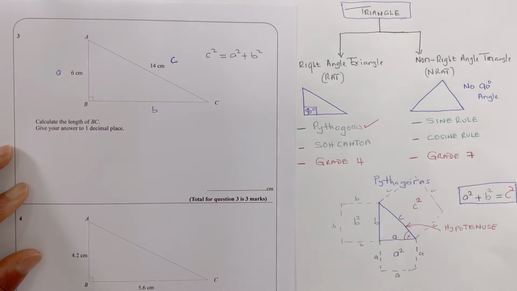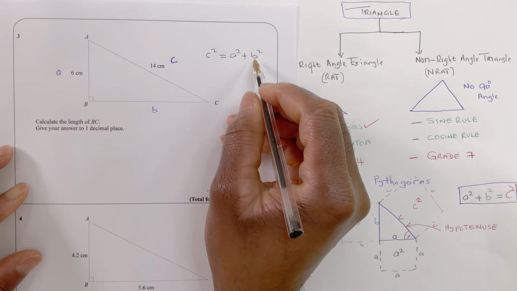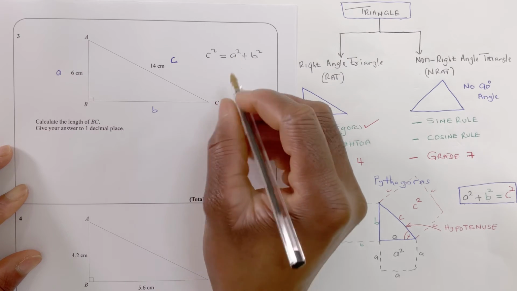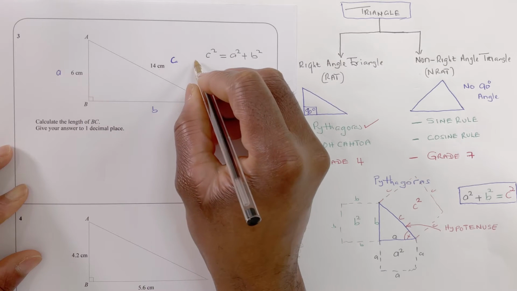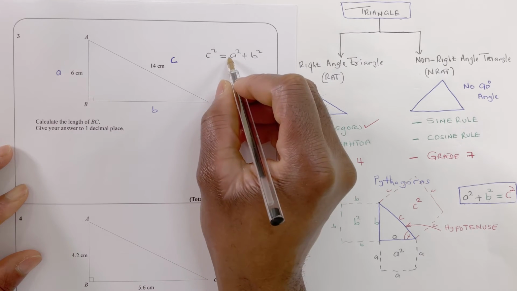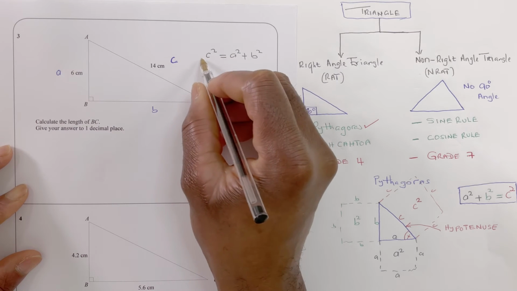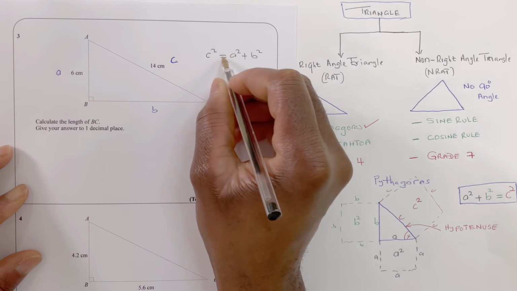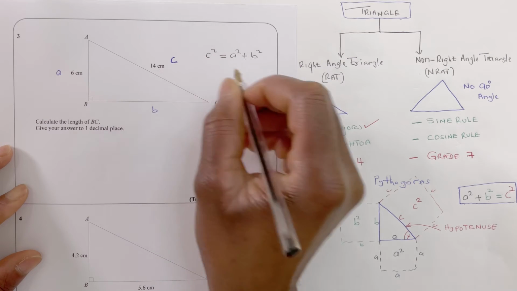So I need to take away A squared from both sides. If I move A squared from the right to the left, it will become minus, because it is plus A squared. If you cross over to the other side of the equal sign, it will be minus. We'll take away A squared from both sides.